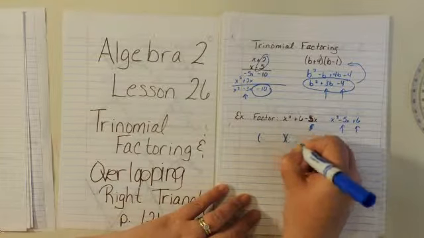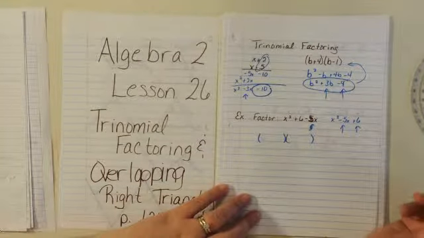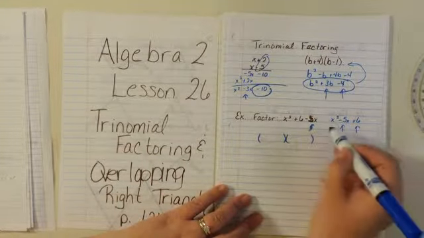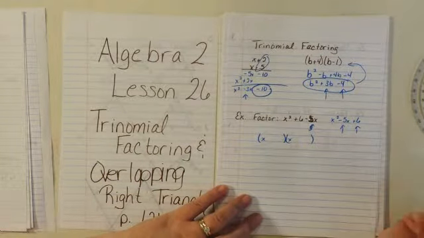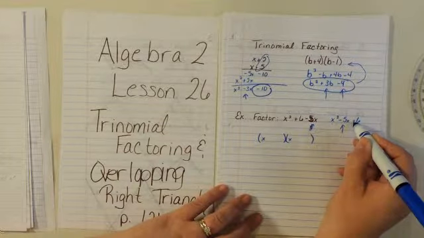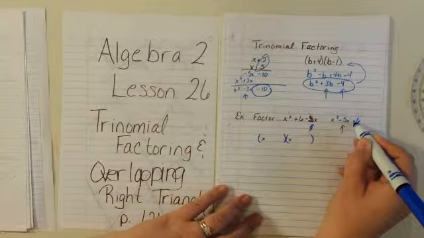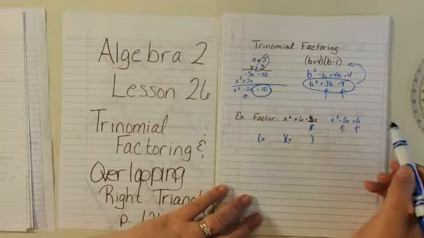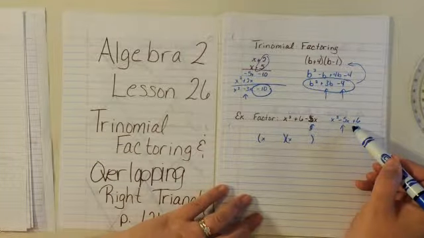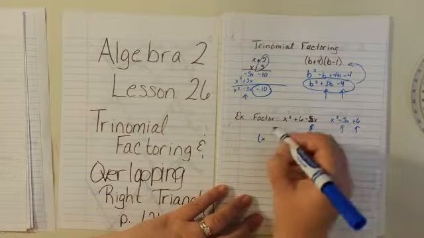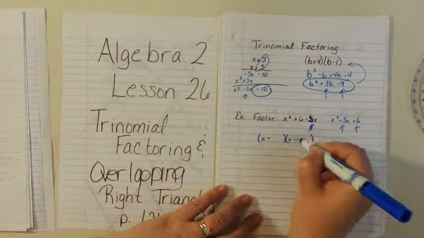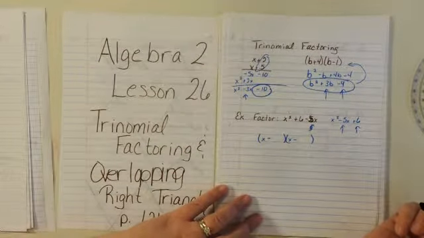So we can set up our parentheses for two binomials. X squared is just going to factor into x and x. This is positive 6, so our numbers are going to multiply to a positive 6, but they're going to add to a negative 5, which means that both of these are going to have a minus in here.